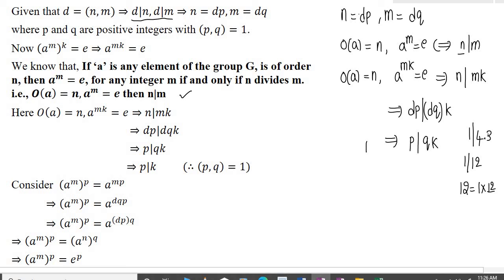So here this is P value, this is Q value, this is k value. Observe, whenever P divides Qk, P divides k is also true. Why? P is 1, k is 3. So second one can be written as first one into some integer, that is 3 only. So that means whenever P divides Qk, P divides k is also possible.